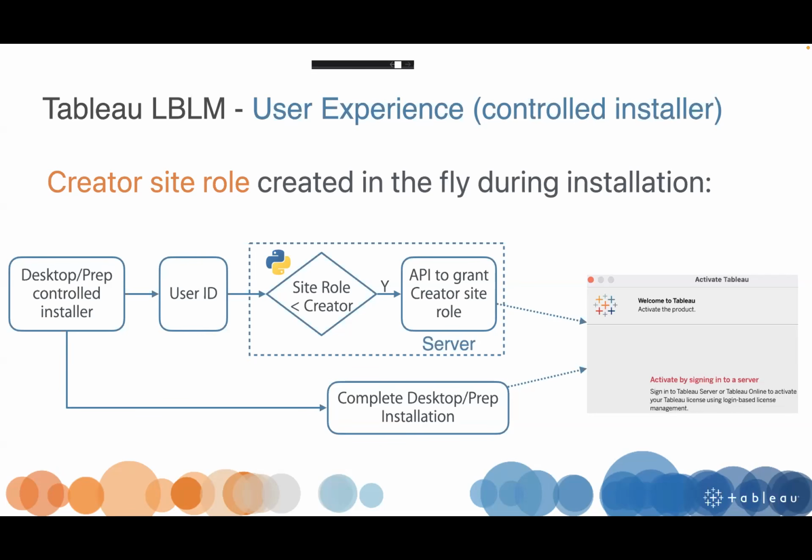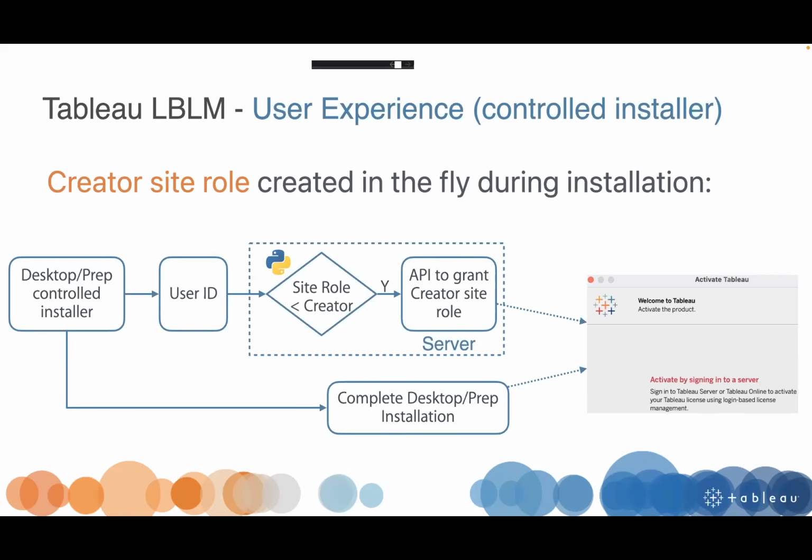Paul and Thora at UBS used an AD group, a server group with the minimum site role as creator, so users in that group are automatically granted a creator site role. Unfortunately, I cannot do that because I also have separate scripts.